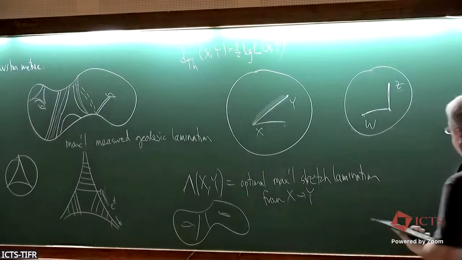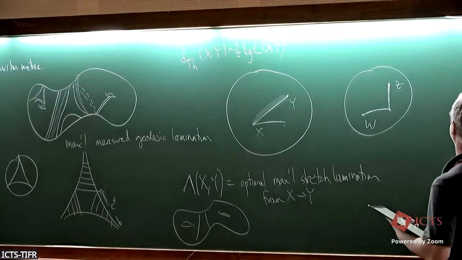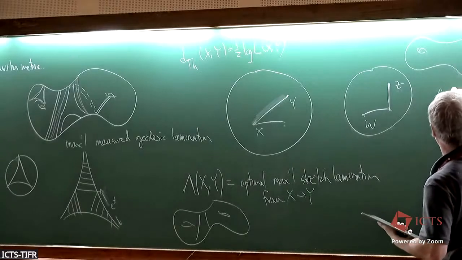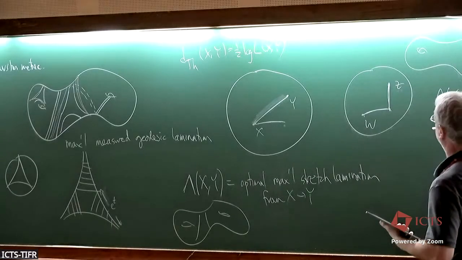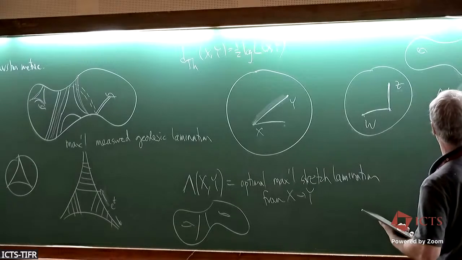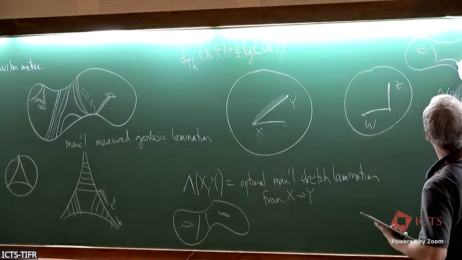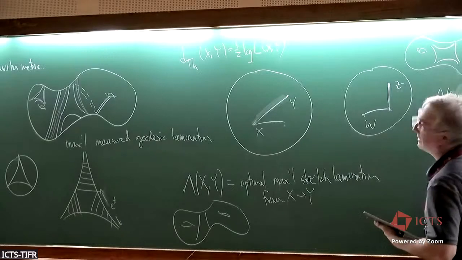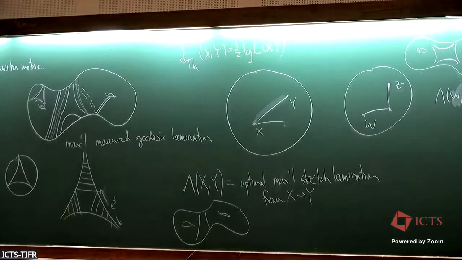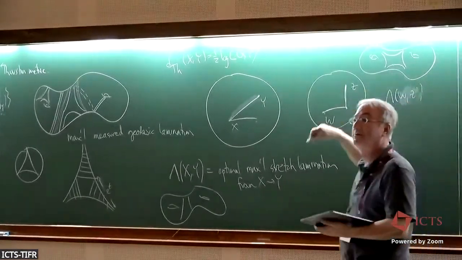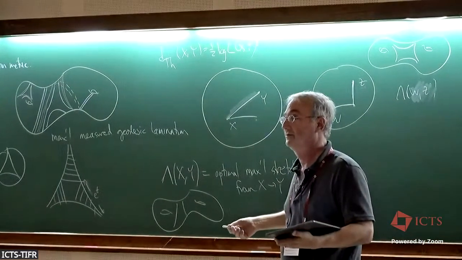And so I promised to say things twice. Let me back up to the surface. I can look at this lambda from W to Z in this case. And it could be that the lamination from W to Z is not maximal. It may have complementary regions which are bigger than ideal triangles.